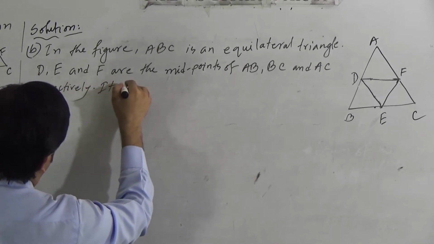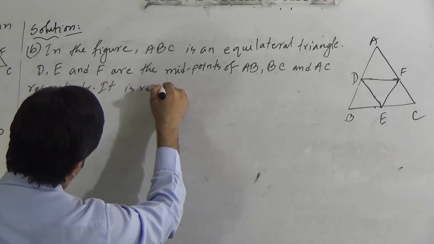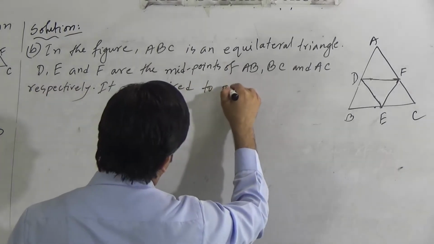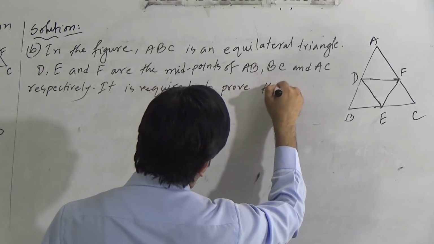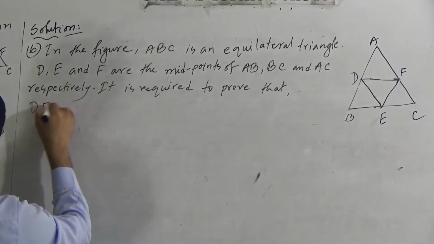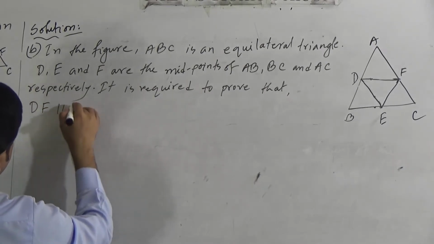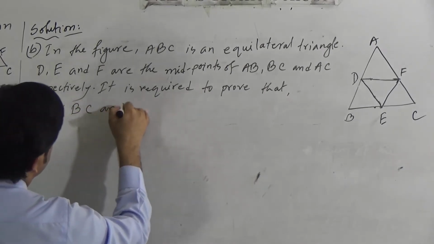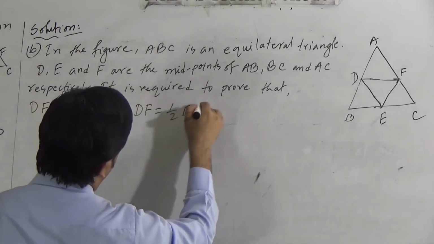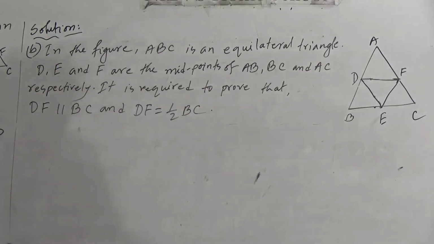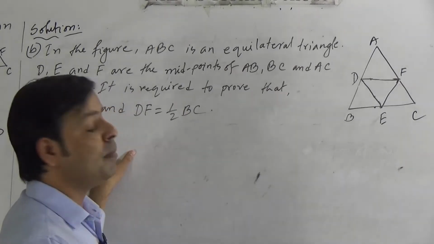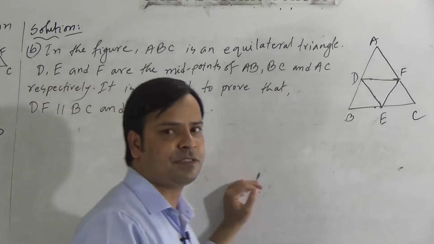It is required to prove that DF is parallel to BC and DF is equal to half of BC. Dear students, this I have written, it means particular enunciation or proposition I have written from our given information. These are our given information.